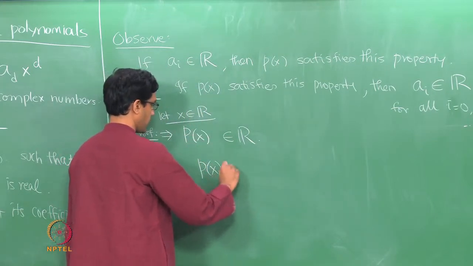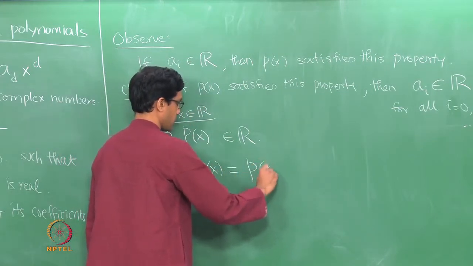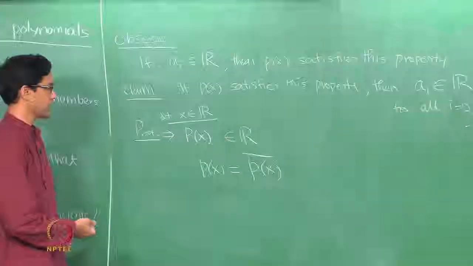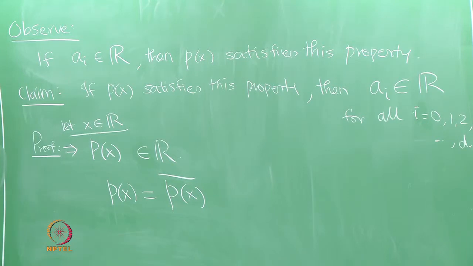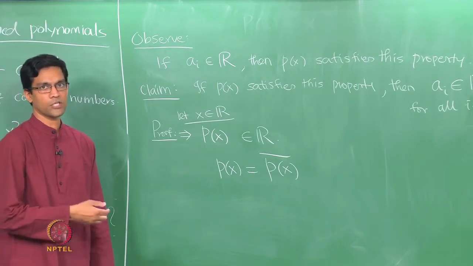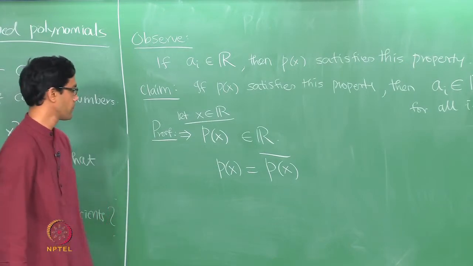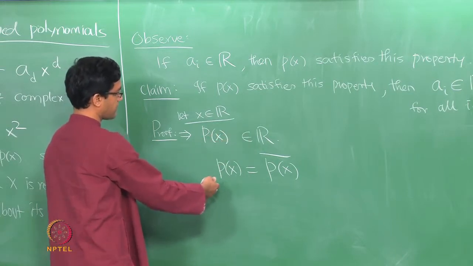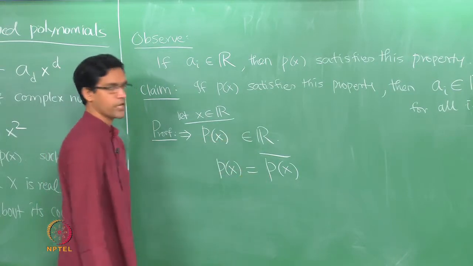Now we need to recall a little bit about complex numbers. Remember we have a notion of conjugation, complex conjugation in the set of complex numbers. It maps i in some sense to minus i. So the conjugate of 1 plus i would be 1 minus i. So here is the property, if p of x is a real number, then that implies that p of x is the same as its conjugate.